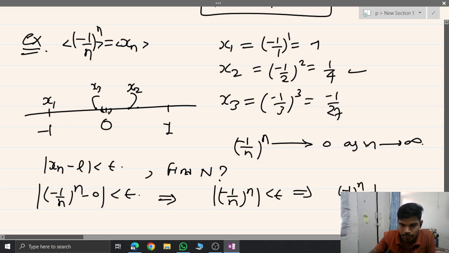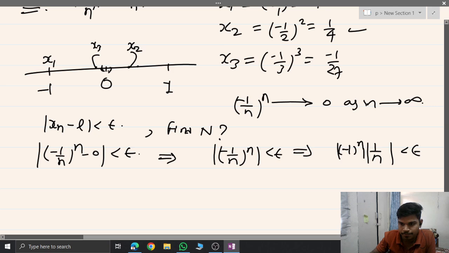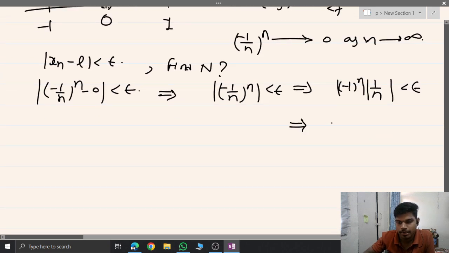This is also modulus less than epsilon. Now what can I write? This is 1, because minus 1 to the power n has modulus outside, so this is 1 times 1 by n to the power n, because n is positive here, less than epsilon, right? Okay, so n to the power n is greater than 1 by epsilon.